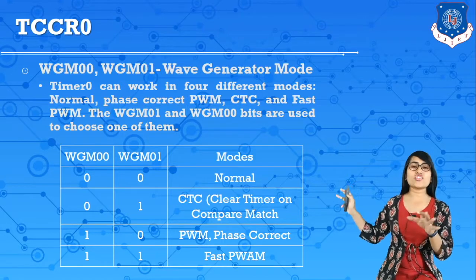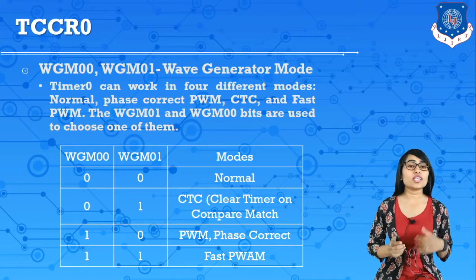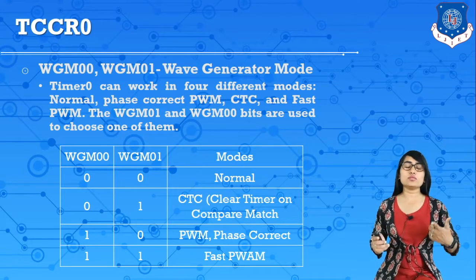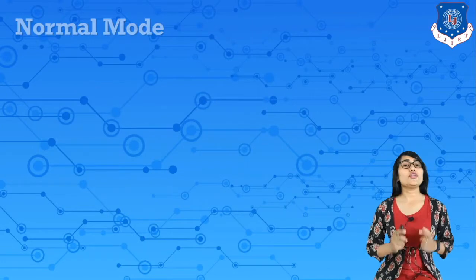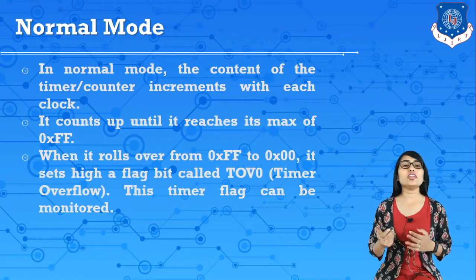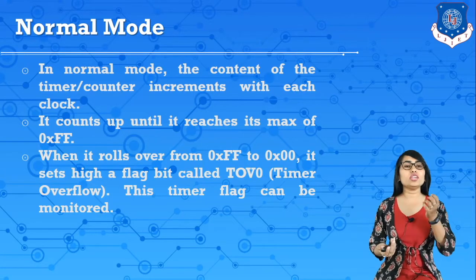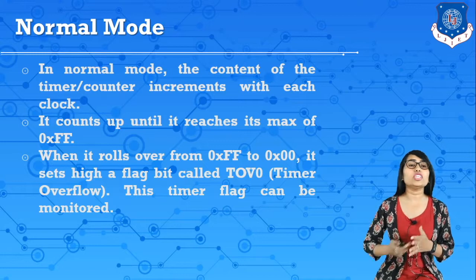In a timer, generally normal and CTC modes are most widely used. What is normal mode and what is CTC mode? Let's discuss normal mode first. In normal mode, the content of the timer counter is incremented with each clock.